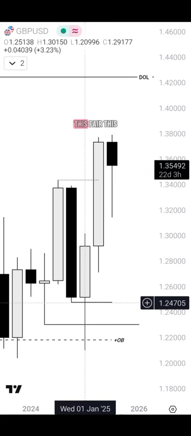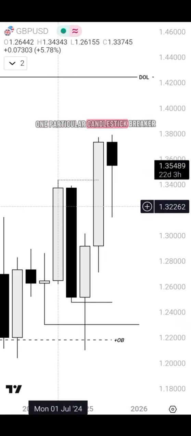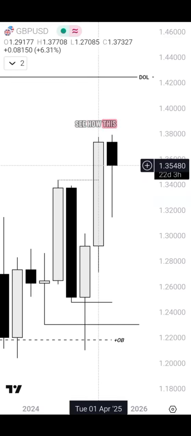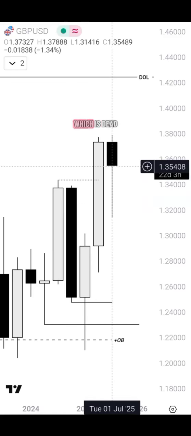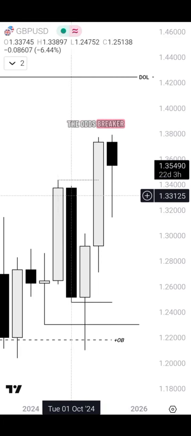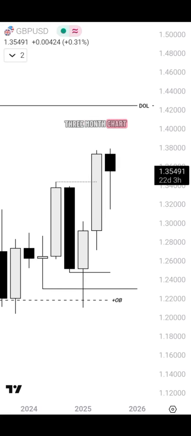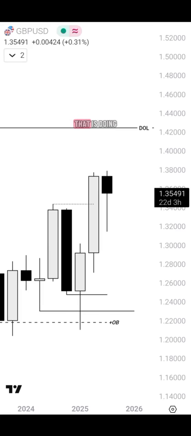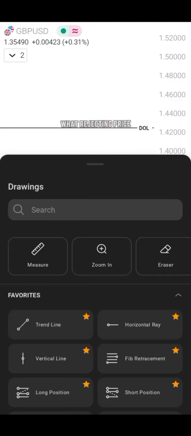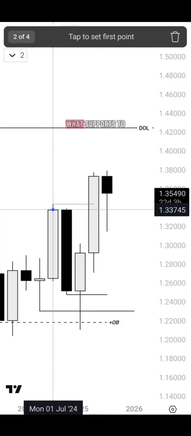then we aggressively closed above this particular high. So it's making this one particular candle a breaker, and you can see how this current quarter, which is the 3rd quarter, did open, dump into the breaker, and started rejecting it. So on the 3-month chart, I already have a key level that is rejecting price, and it's offering support to the upside.